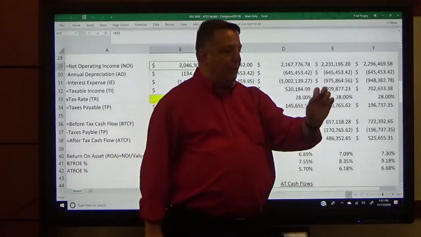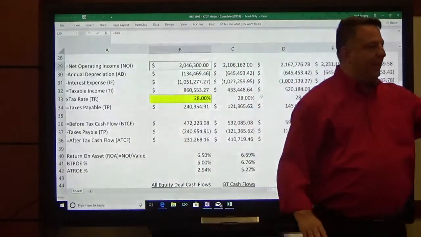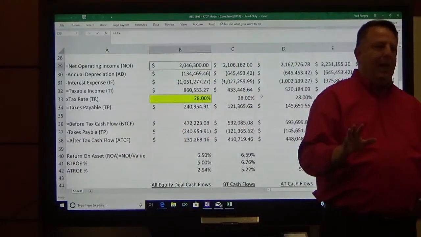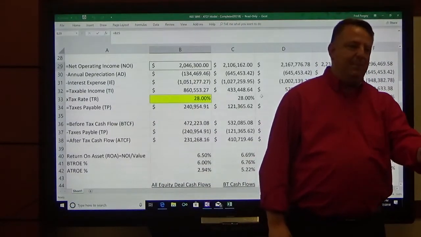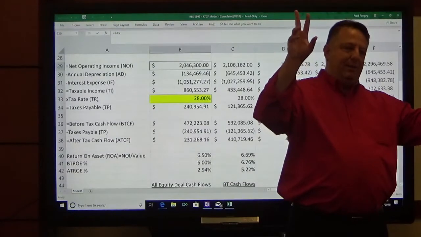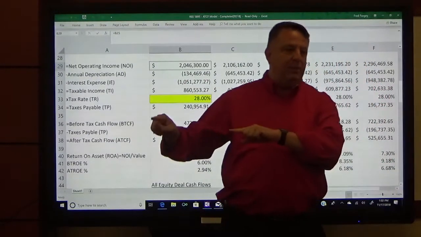That value may not have anything to do with any other sort of reality other than that's what they have in the system, but the IRS accepts it as an independent assessment of what the value is, so you can use that.